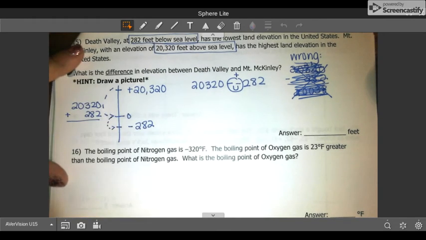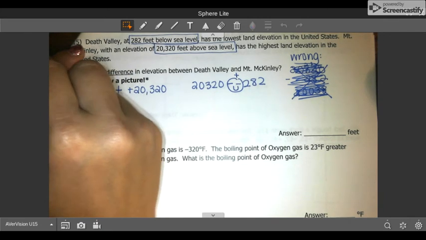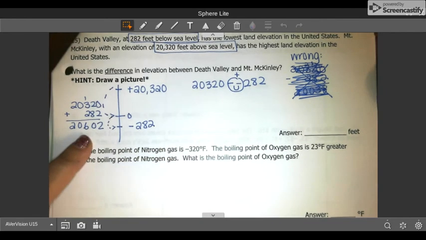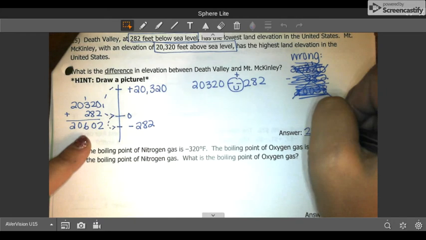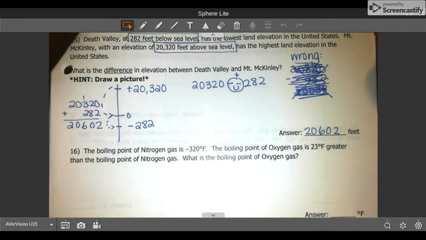So total, you're going to add these together, and you realize that you have to travel a total of 20,602 feet, which was not my original answer when I did it the wrong way.